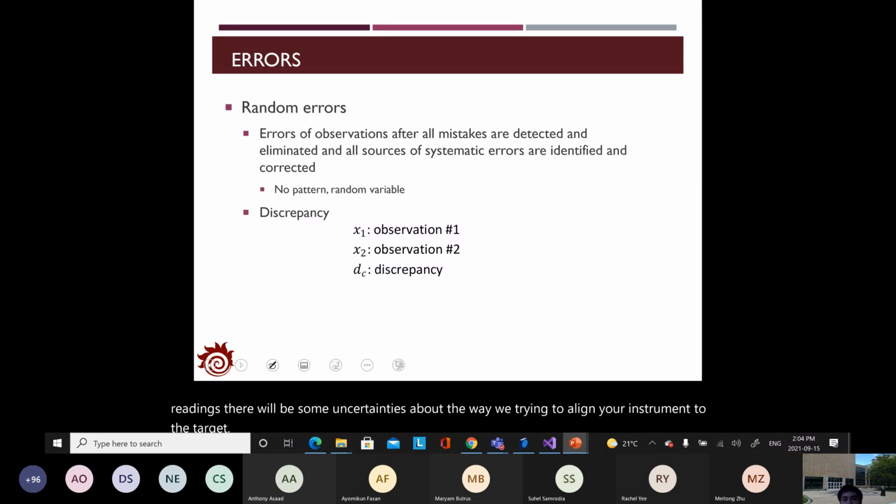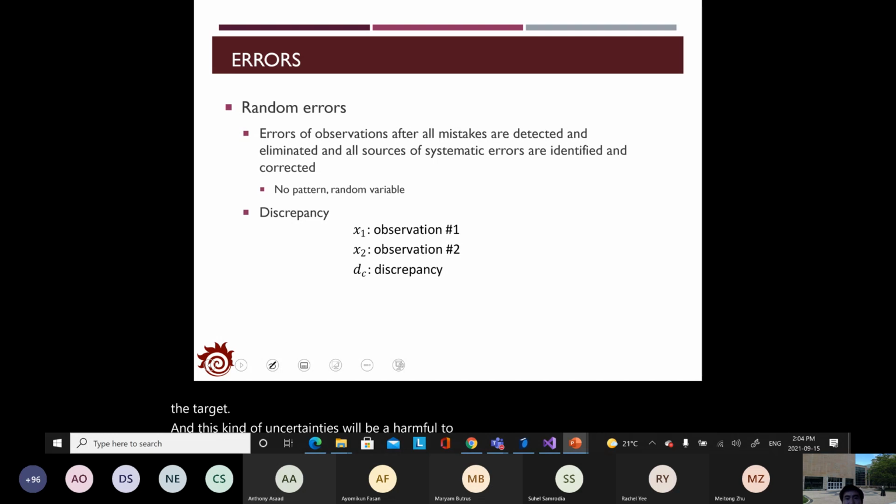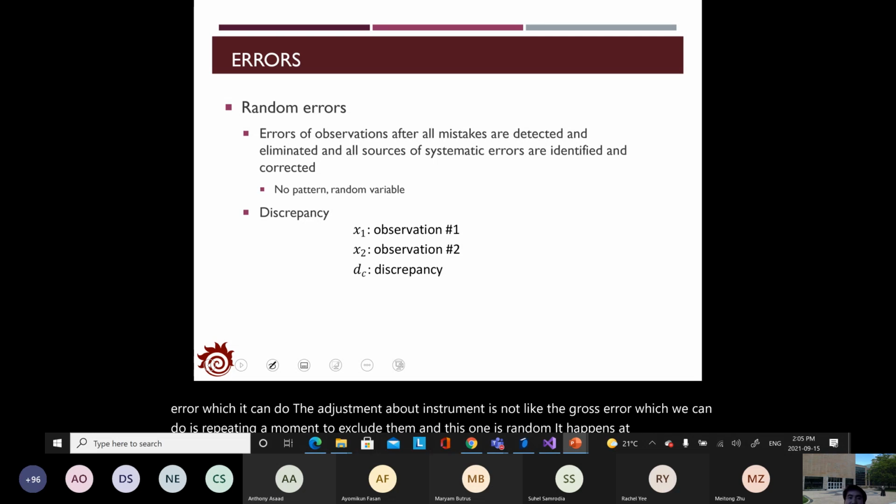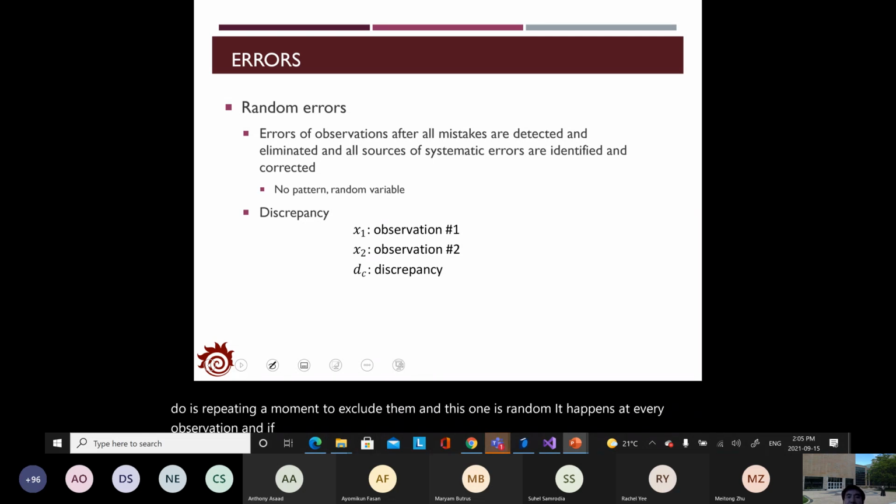This kind of uncertainty is hard to identify, and it is not like the systematic error, which you can handle by adjusting the instrument. It's not like the gross error, which you can exclude by repeating the measurement. This one is random. It happens at every observation. And if you get multiple observations, you can find that it does not follow any pattern. It's randomly distributed around the true values.